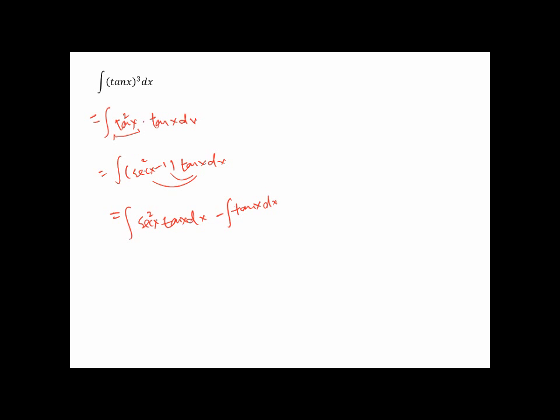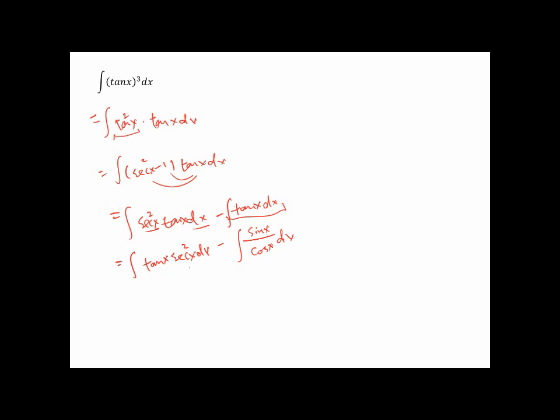Here again, secant squared dx, so if I rewrite it this way, it's clear. And then tangent x, I can rewrite into sin x over cosine x.